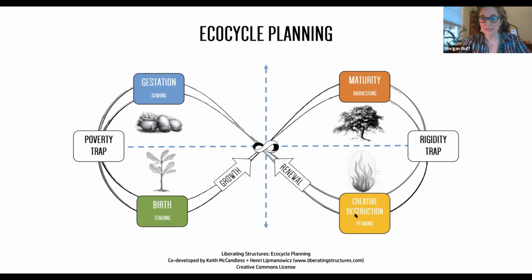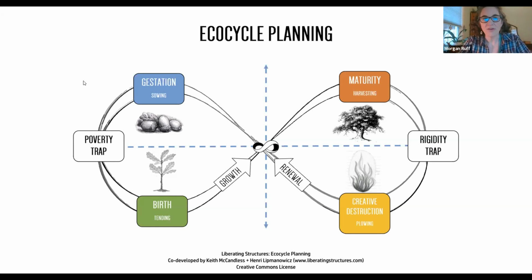And here is the animal of the wolf or the coyote. It's playful and adaptive and it's an intelligent destruction. And as we destroy, we have this whole renewal process, and we have to climb all the way back uphill into the gestation.